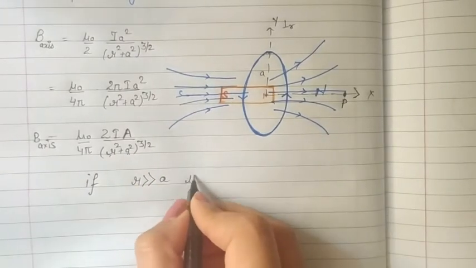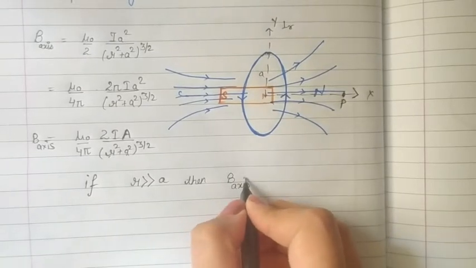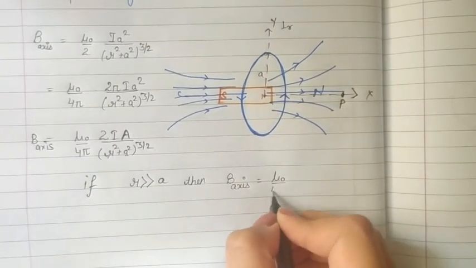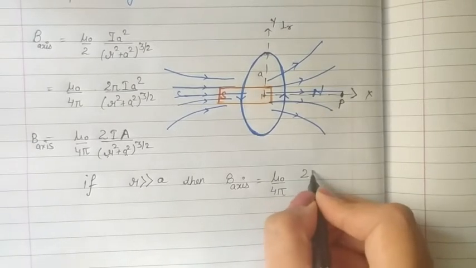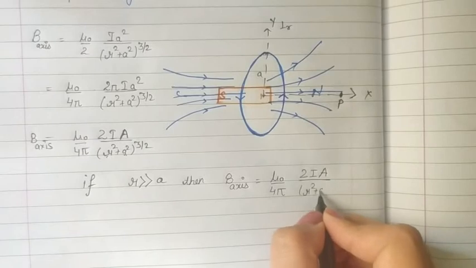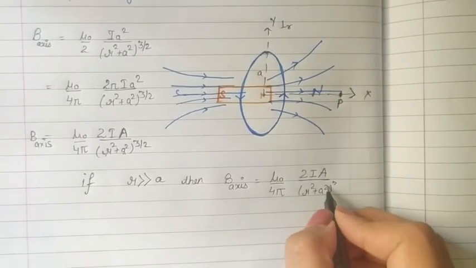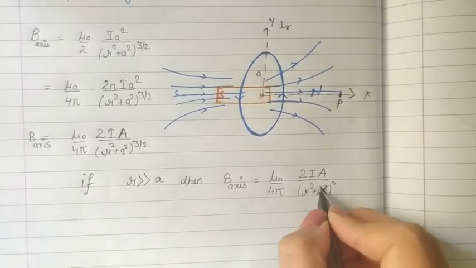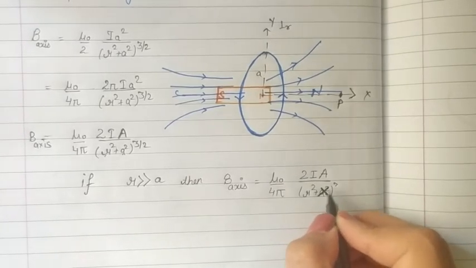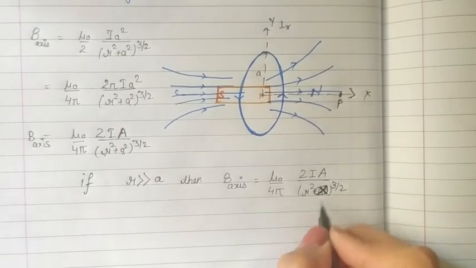Then in that case, this magnetic field strength will be mu naught upon 4 pi, 2IA upon r square power 3 by 2, since we neglect this term.